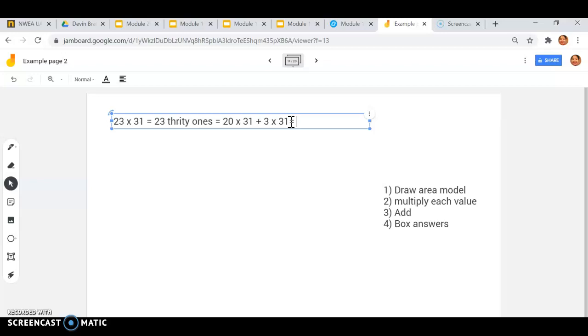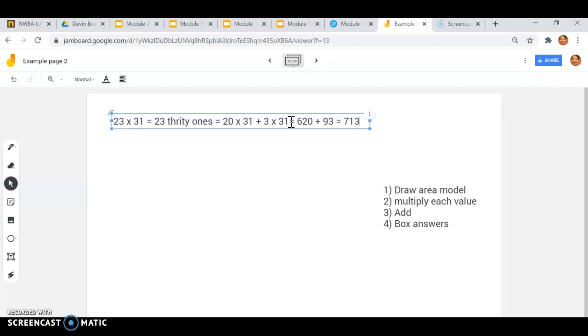Which would then give us 20 times 31, which gives us 620, plus 3 times 31, which gives us 93. And then we're going to add those two together, which then gives you 713.